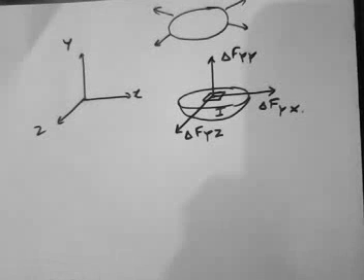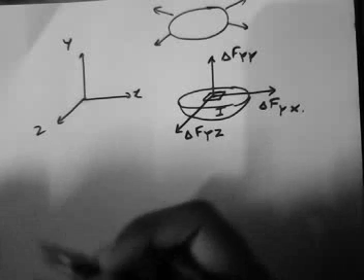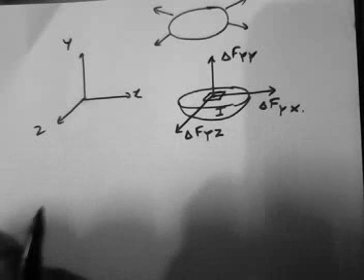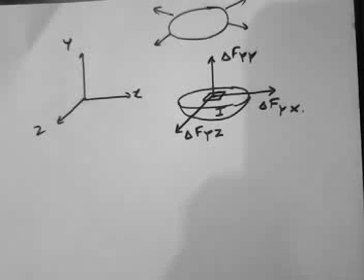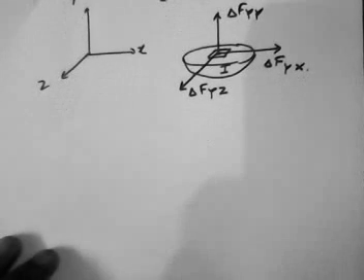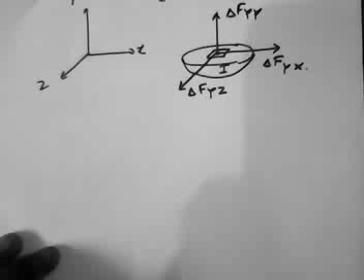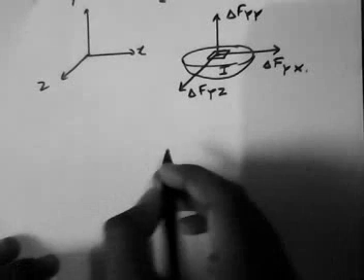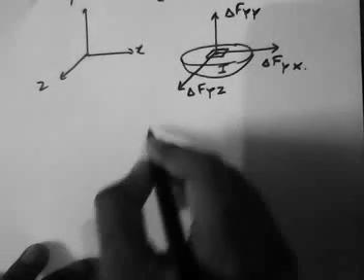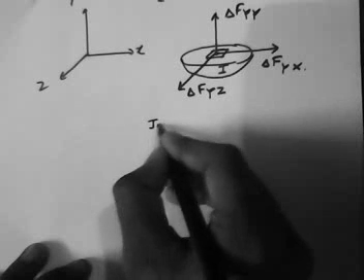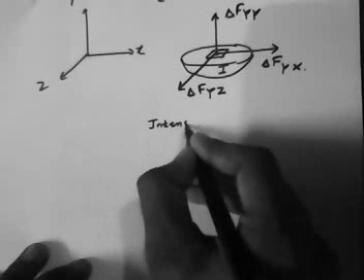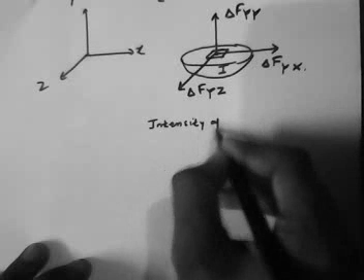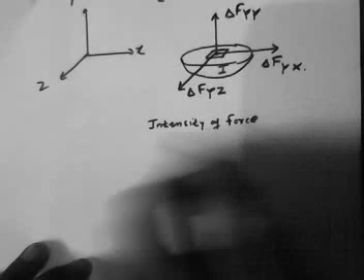Another direction we will get is in the z direction. If you draw the identical part, if this is part 1, another is part 2, and that will be exactly a mirror image of part 1. So all the forces will be in the opposite direction because these are internal forces. Clear?